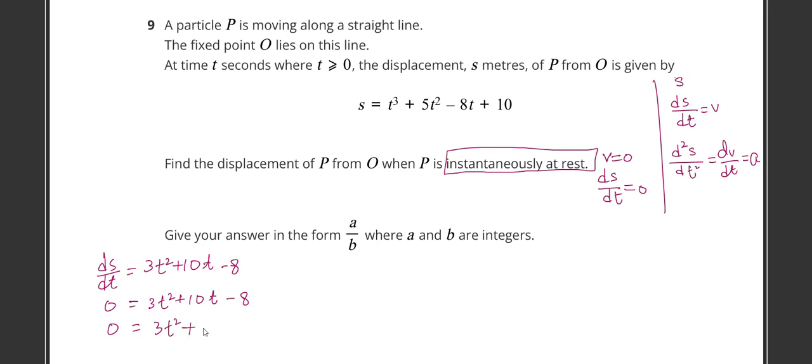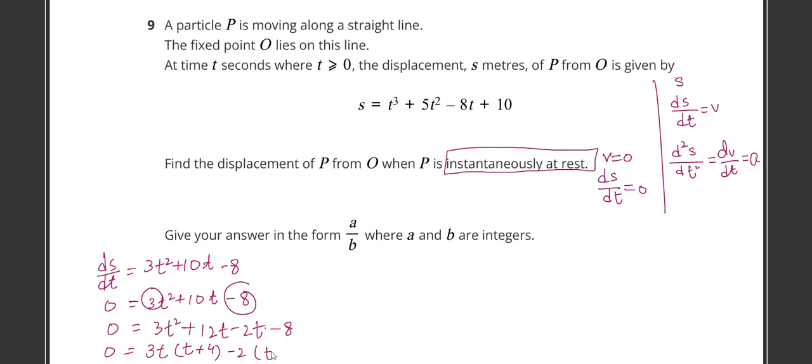So I would prefer to do middle term breaking because -8 and 3 mean -24. 12 and 2 are factors of 24, so we need to get plus 10t. Therefore, I'm taking 12 as positive and 2 as negative. And now you take 3t common so that we can have t plus 4.